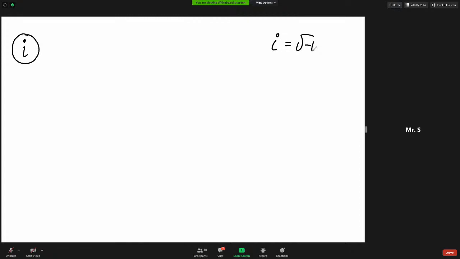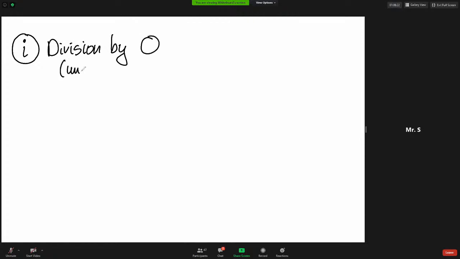But what operation is undefined? When we do something to numbers, we say, oh, it's undefined. Division by 0 is undefined, which means it's not a real number.